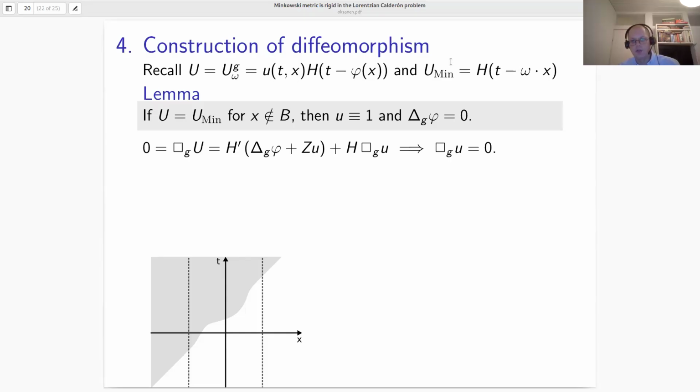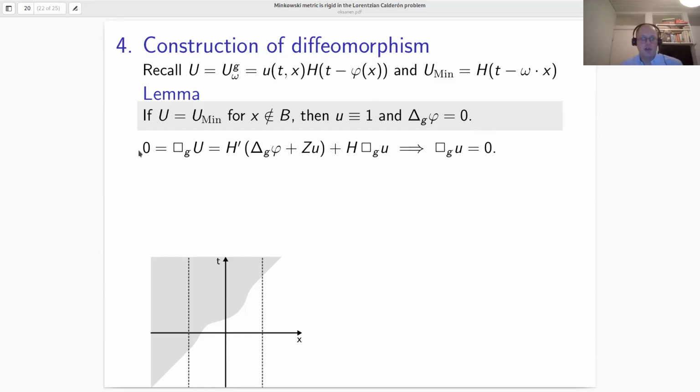Of course, in the Minkowski case, that smooth factor is 1. Okay, so there is this lemma. If the distorted plane wave is like the Minkowski plane wave outside the cylinder, then U must be 1. And moreover, this solution to the eikonal equation, this distance function phi, must actually be harmonic.